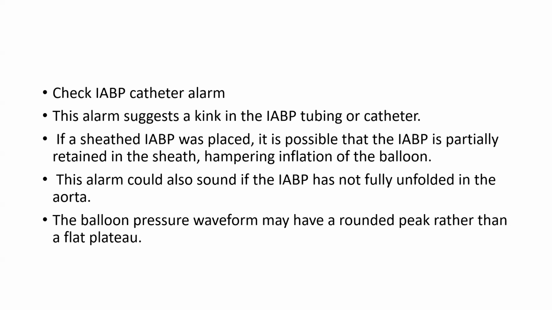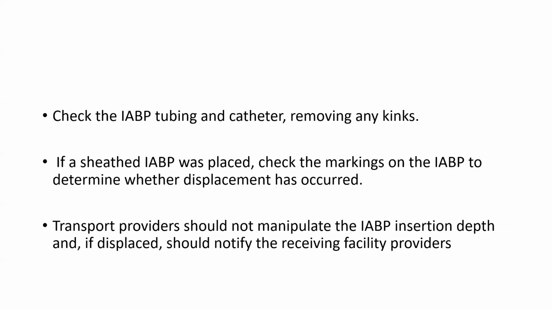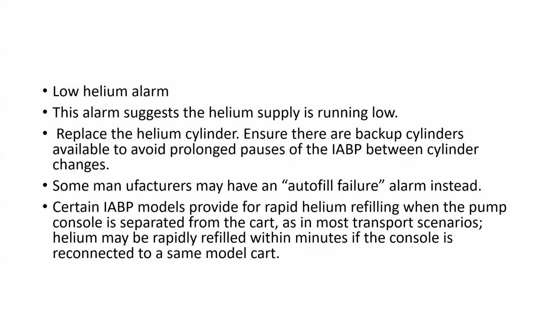The balloon pressure waveform may have a rounded peak rather than a flat plateau. Check the IABP tubing and catheter and remove any kinks. If a sheathed IABP was placed, check the marking on the IABP to determine whether displacement has occurred. Transport providers should not manipulate the IABP insertion depth, and if displaced, should notify the receiving facility providers.